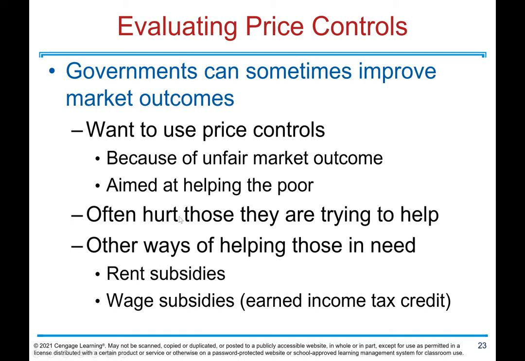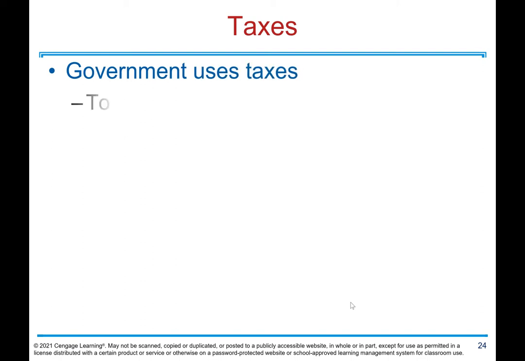These government policies, even though they are intended to help poor people, end up hurting them. Other ways of helping those in need, such as rent subsidies, would be a better option, and wage subsidies, or what we call the earned income tax credit, would be preferred to straight price controls.